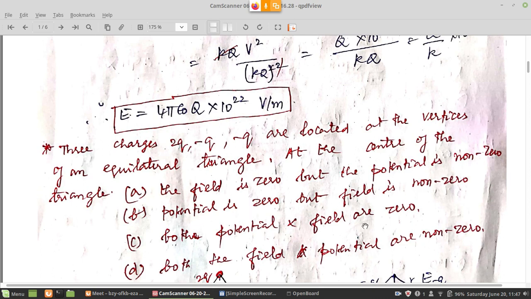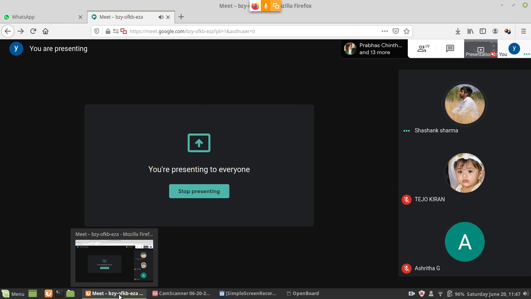Both potential and field are 0. Both the field and potential are non-zero. What is the answer? Both are 0, you are telling? Shashank, you only gave the answer? Nah, you have to work out. Work it out and tell me.